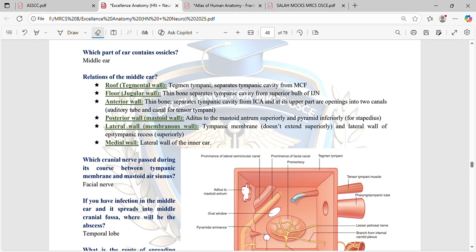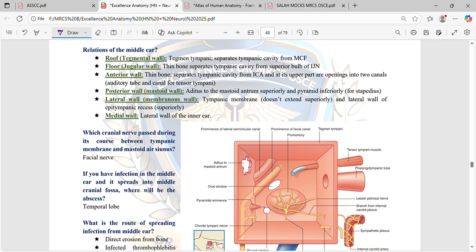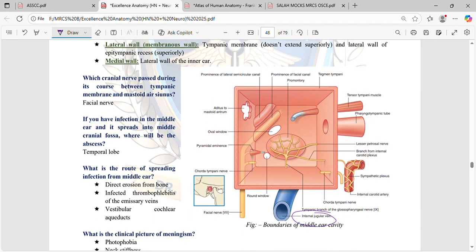The floor, the jugular wall, is thin bone that separates the tympanic cavity from the superior bulb of the internal jugular vein, not nerve. So floor, the jugular wall, this one.